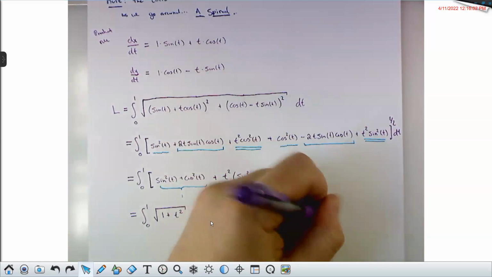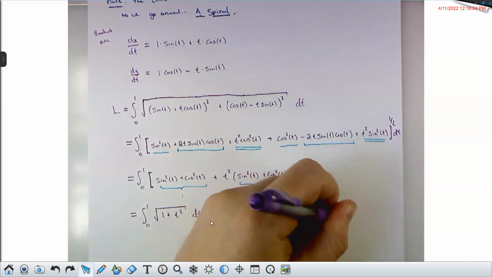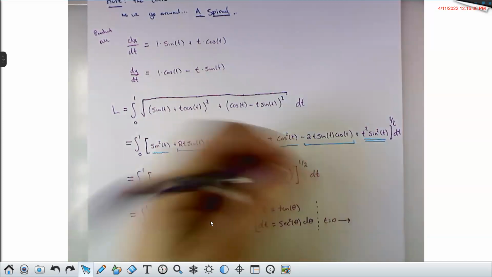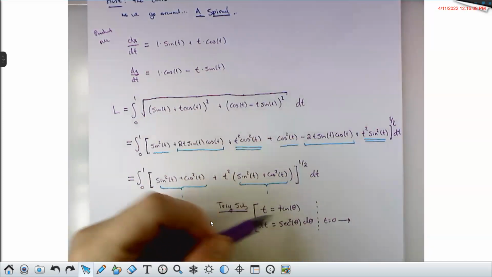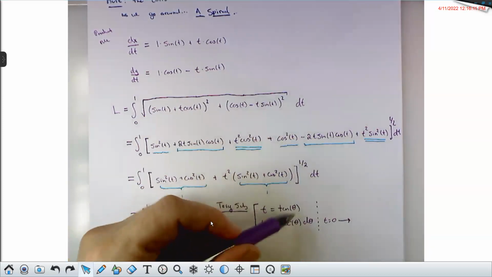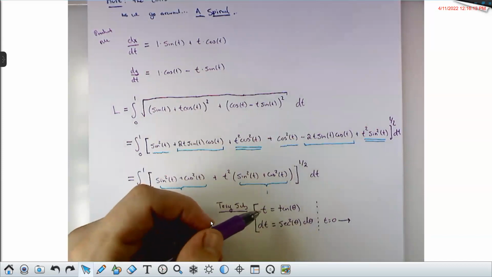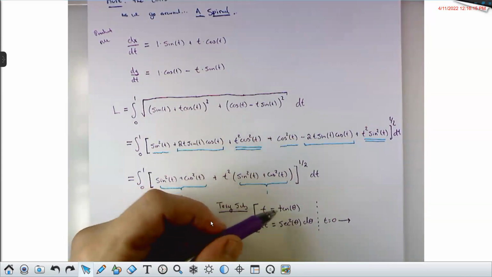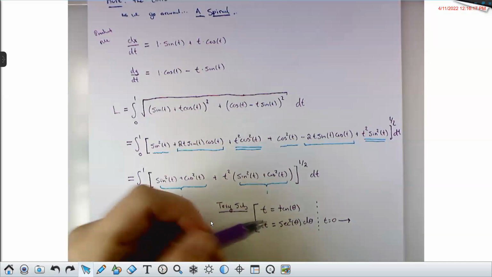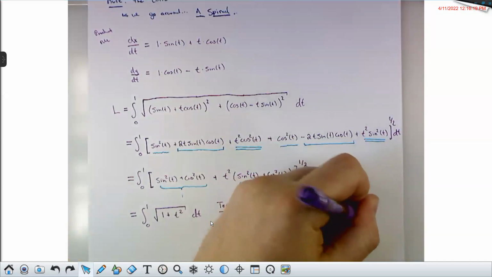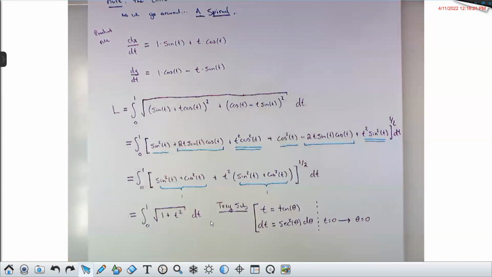When t is equal to 0, we get 0 equals tangent theta. Taking the inverse tangent of both sides, we get inverse tangent of 0 equals theta. The inverse tangent of 0 is 0. So when t is 0, theta is 0.